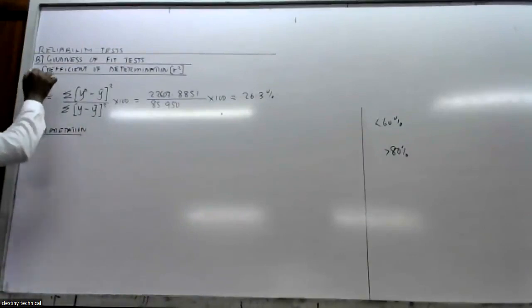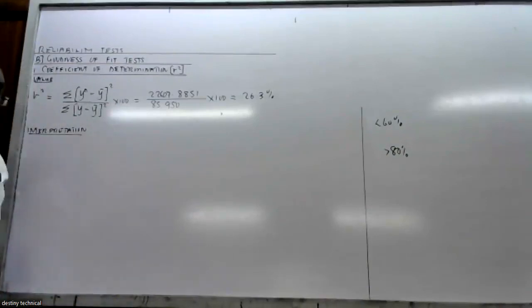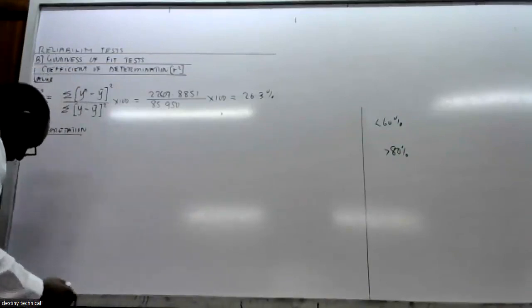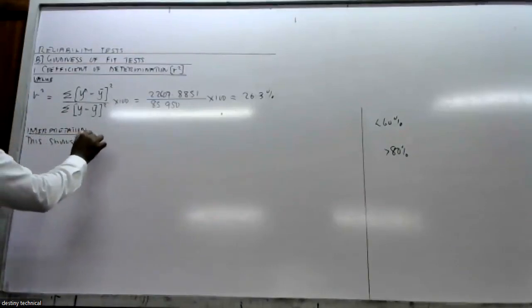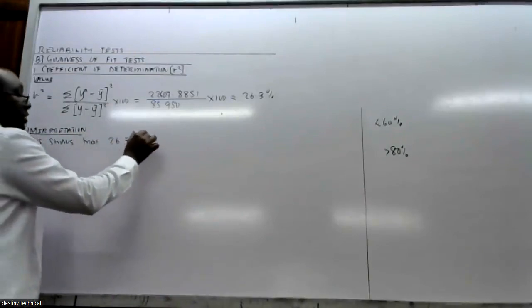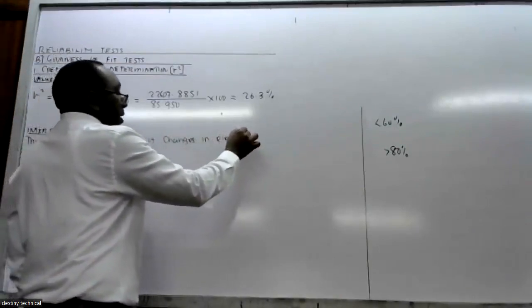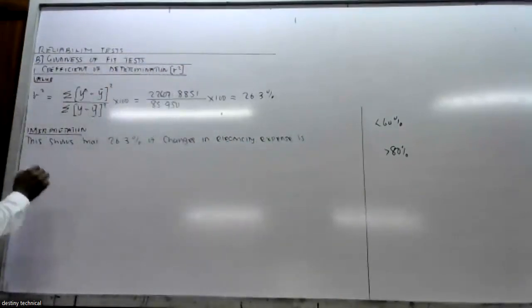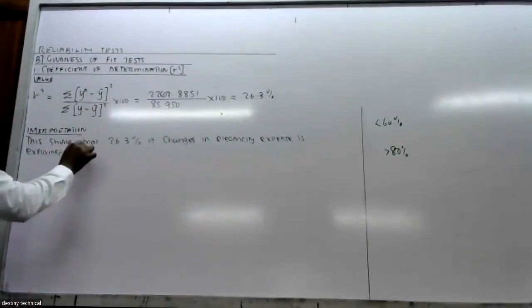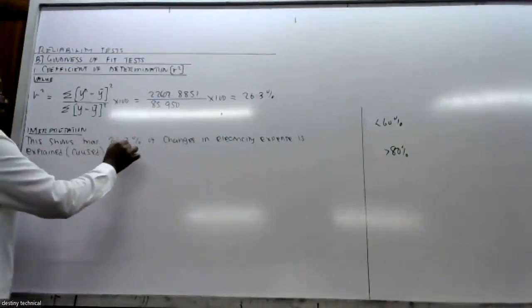Interpretation, or the comment. Utaandika, this shows that 26.3% of changes in electricity expense is explained, in brackets caused or brought about by, machine hours.